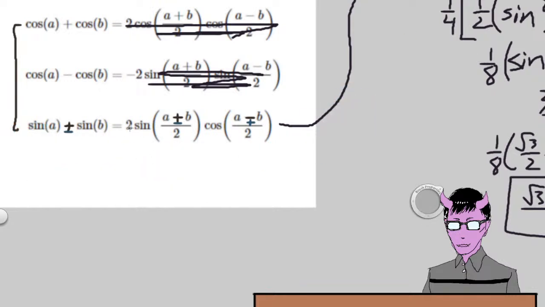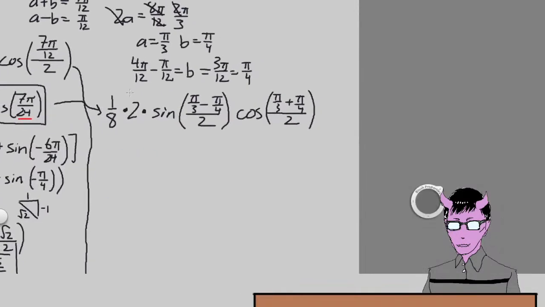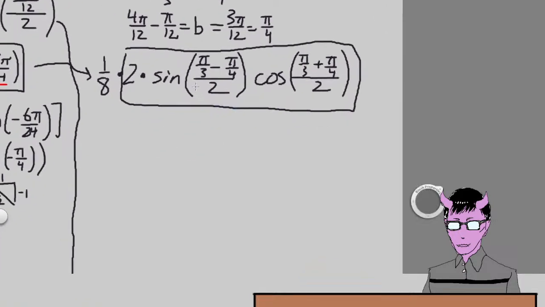And we're going to be replacing the 2 times the sine times the cosine. So this whole portion there will be replaced with the algorithm. Since we perfectly matched the form, we can now go backwards from that algorithm, and we're going to end up with this one, with the 1/8 in front.